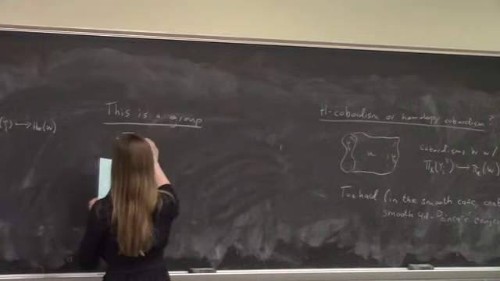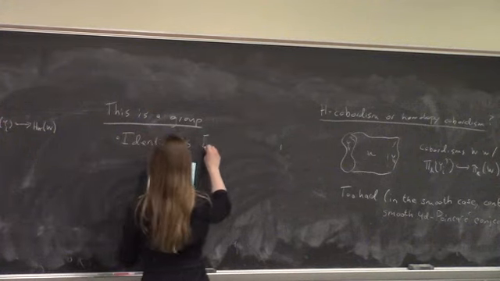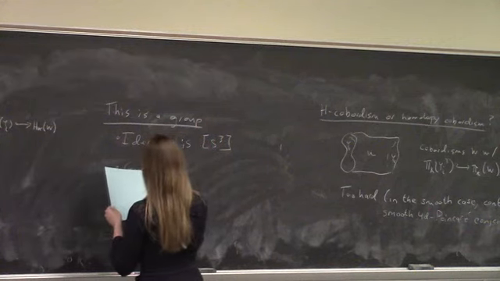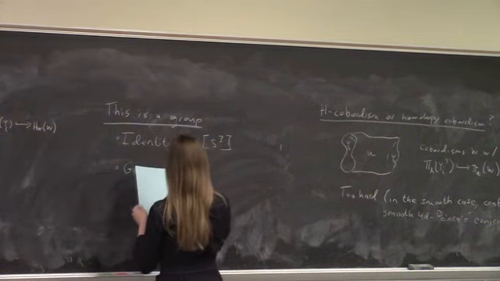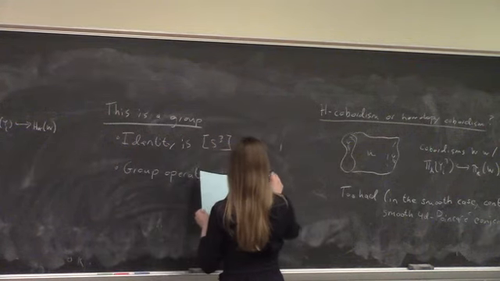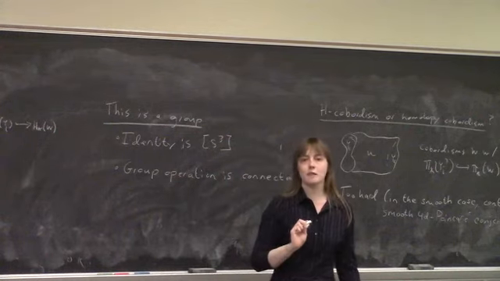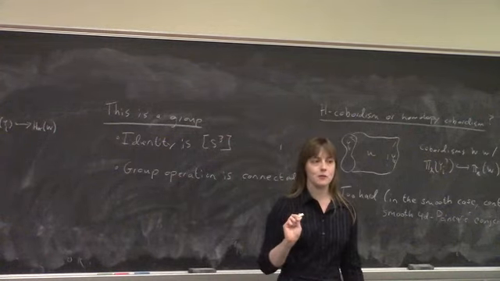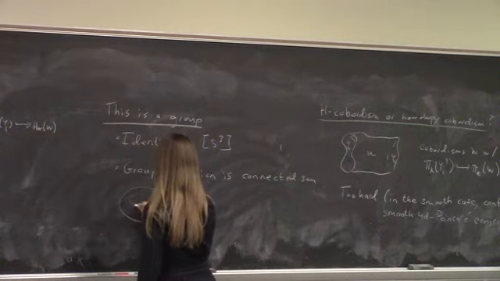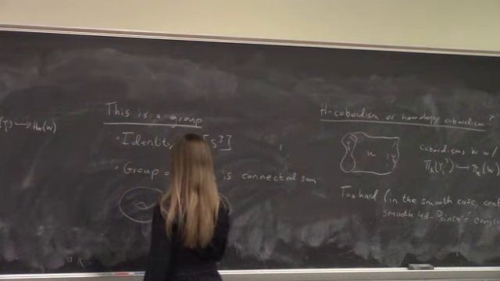The identity is S3. And the group operation is connected sum. What's connected sum? Well, it's hard to draw 3 manifolds, so let me draw you the connected sum of 2 manifolds, and then you can go ahead and extrapolate. So here, let's say that these are hollow tori, perfectly good 2 manifolds.